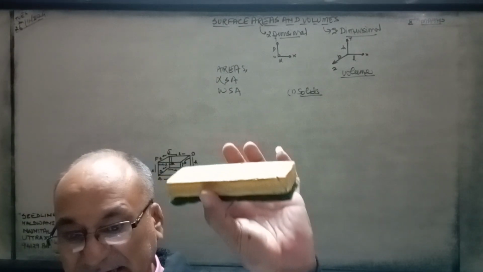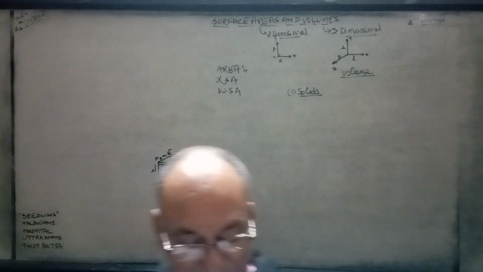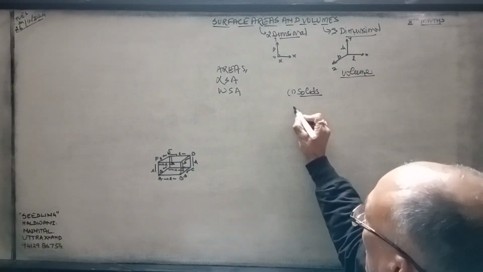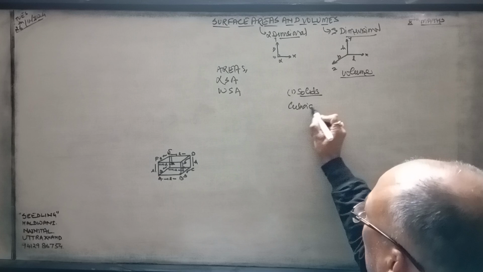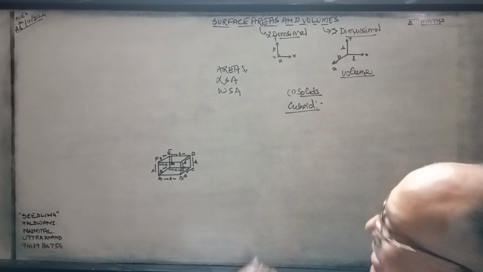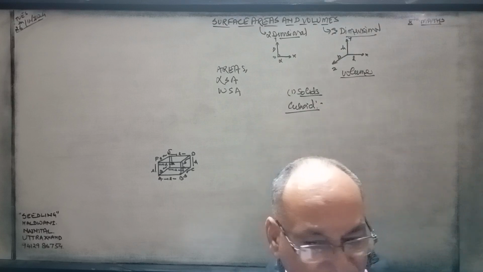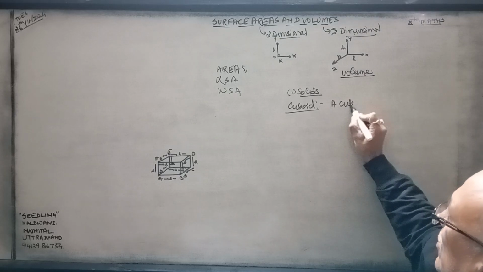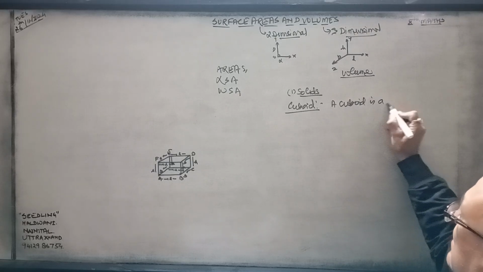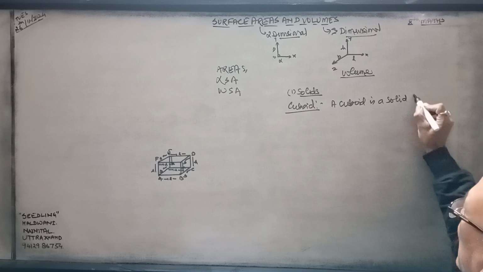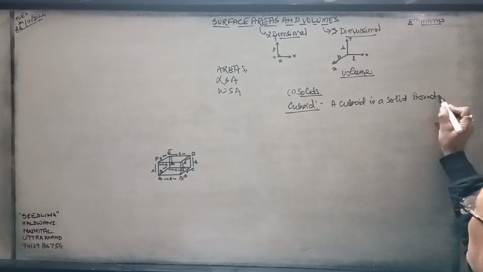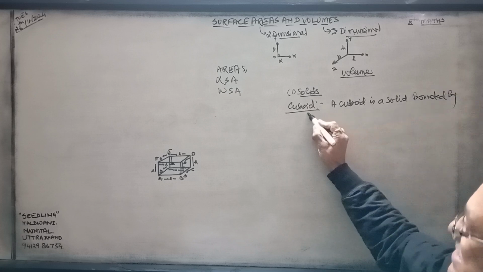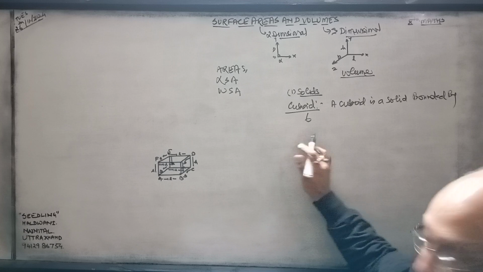This stone is in the shape of a cuboid. So if you want to write it, what is the definition? How will you define the cuboid? A cuboid is a solid bounded by 6 what? Faces.